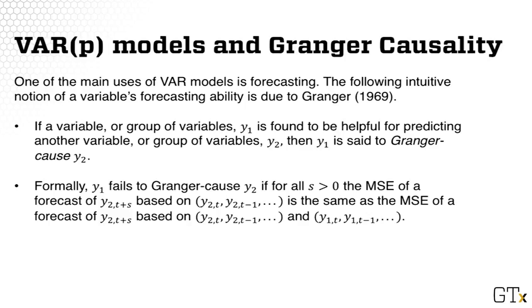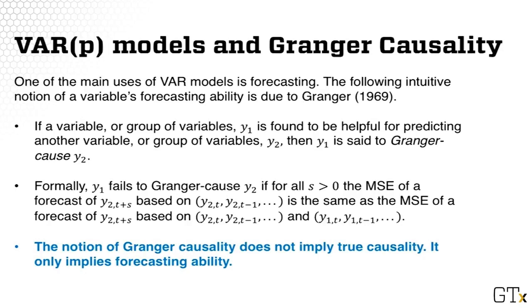Formally, we say that Y1 fails to Granger cause Y2 if the mean square error of the model without lagged observations of the time series Y1 is the same as the mean square error of the model with lagged observations of the time series Y1. Clearly, the notion of Granger causality does not imply true causality. It only implies forecasting ability.